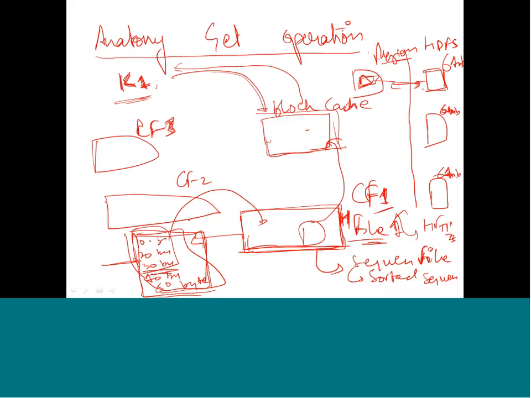Now, by virtue of that file being on HDFS, you can literally start a region server anywhere without respecting the data locality principle. You can start it anywhere and it will be able to open up and get to the region which you want to get at.